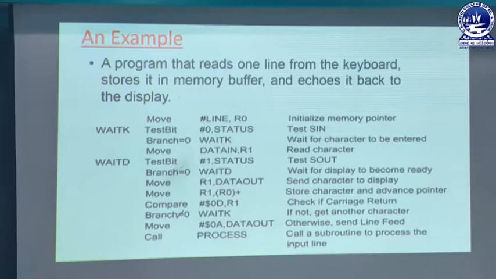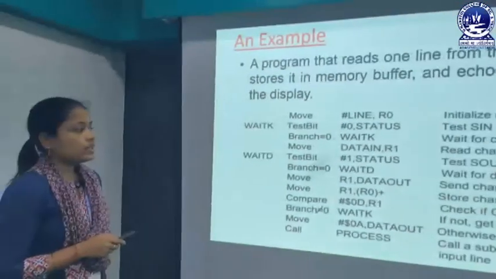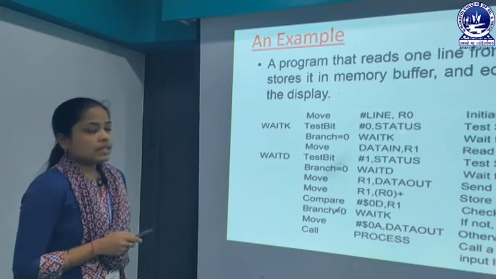So here we have to test the status register bit, as you can see. Okay. Then if branch equals 0, then wait for K, that means wait for the input response from the keyboard, that is, wait for a character to be entered by the keyboard, which is why it is written as WaitK.